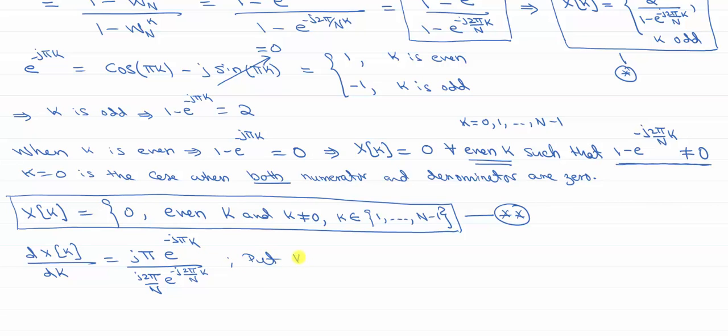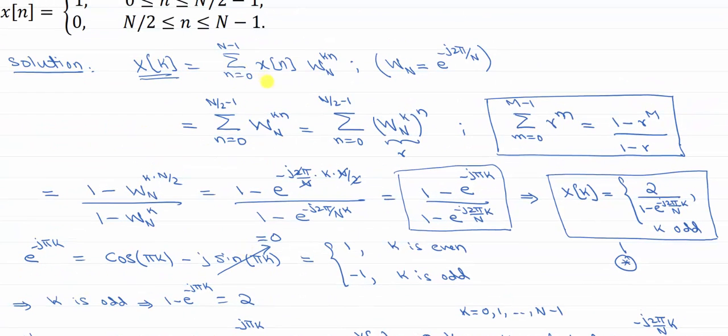Put k equal to 0. This means that dxk over dk for k equal to 0 will be equal to n by 2. So this means my x of k at k equal to 0, so my x of 0, is n by 2.